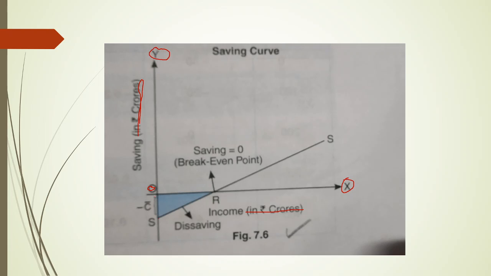This amount is equal to the autonomous consumption. Autonomous consumption means the part of the consumption which is made when the income level is 0. At the point R, the saving curve SS intersects the x-axis, and this is the break-even point. At the break-even point, consumption is equal to income and saving is 0.